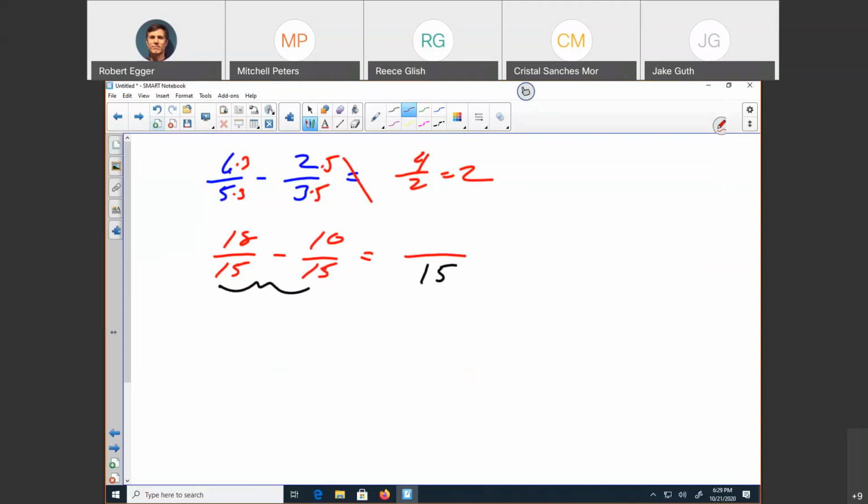And 18 minus 10 is 8. 8/15. So a little more than a half. Is that right? Half? Yeah. A little more than a half, which makes more sense. And we thought it was a proper fraction.